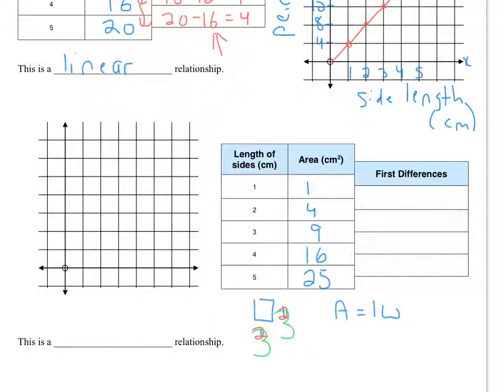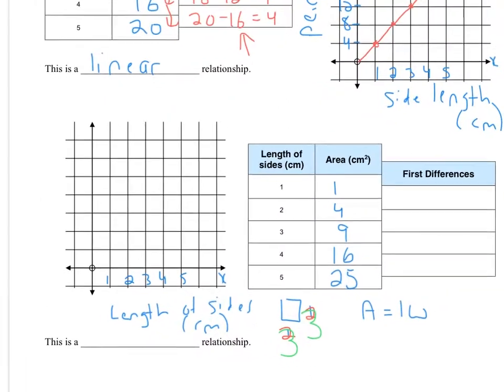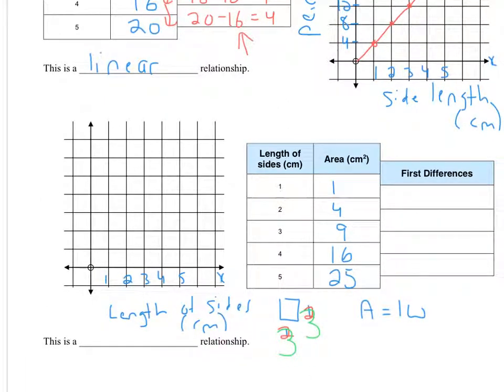So let's plot this. My side lengths, again, I'm just going to go up by 1s. Remember to label your axis. So this side, my y-axis is area in centimeters squared. And I need to go up to 25.